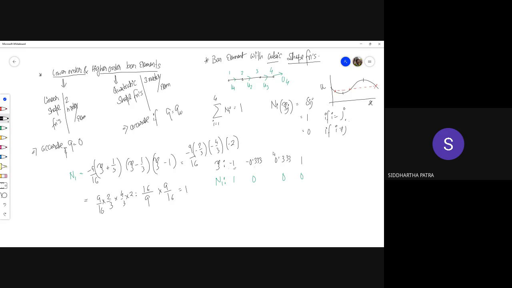So we have this understanding to come up with the expression for N1, N2, N3, and N4 for a bar element with cubic shape functions. All I'm trying to say here is, from this point onwards, we have enough understanding to go with cubic or fourth order or any order, fifth order polynomial as shape functions. So nothing is stopping us from there.